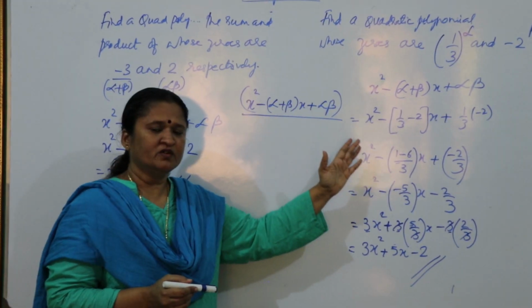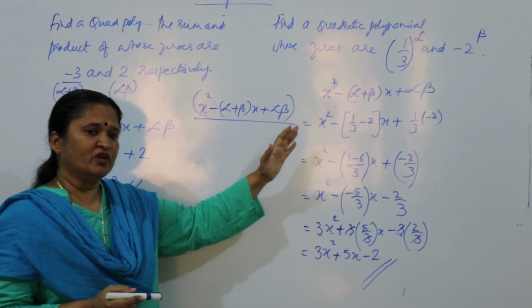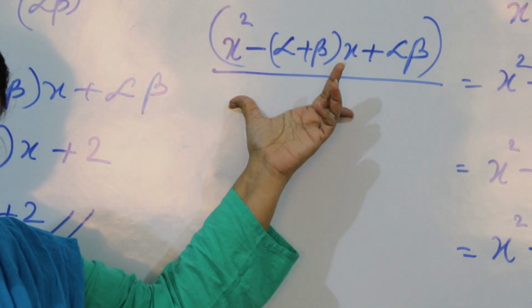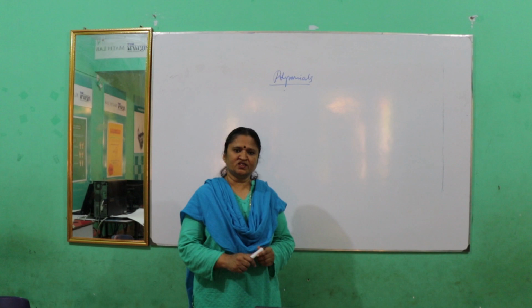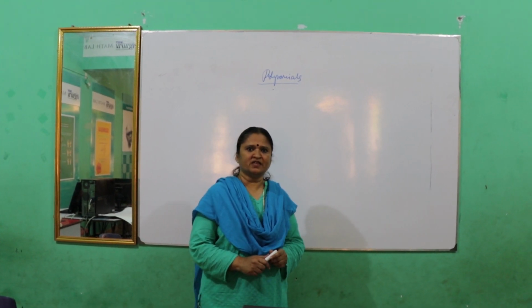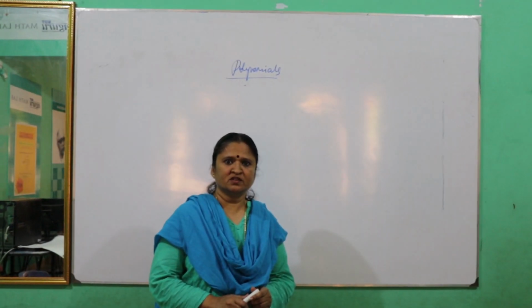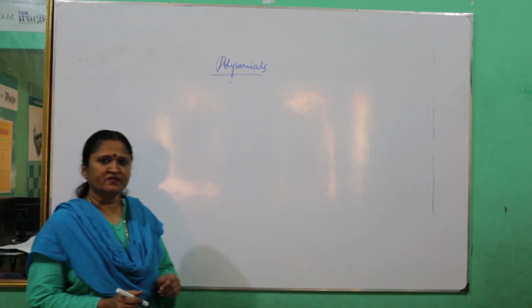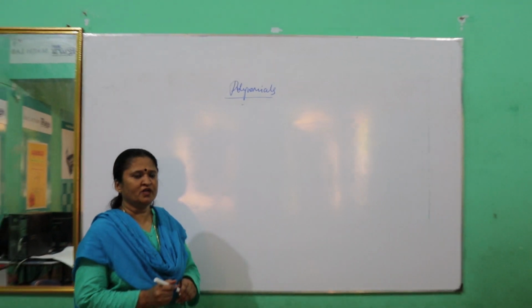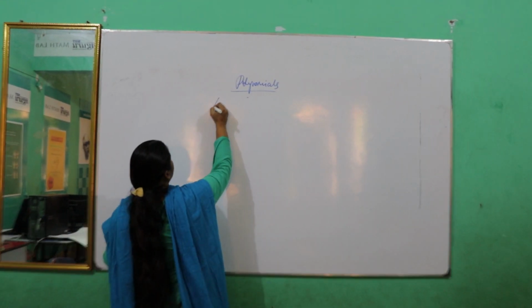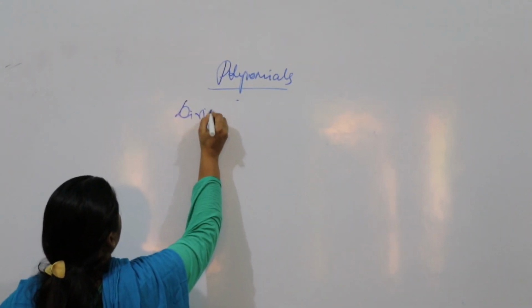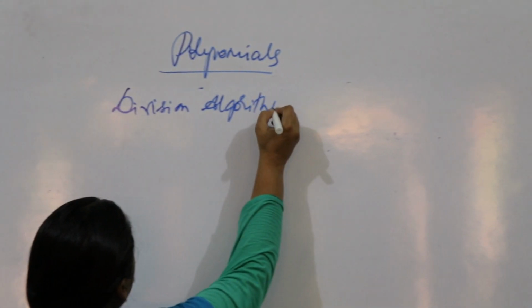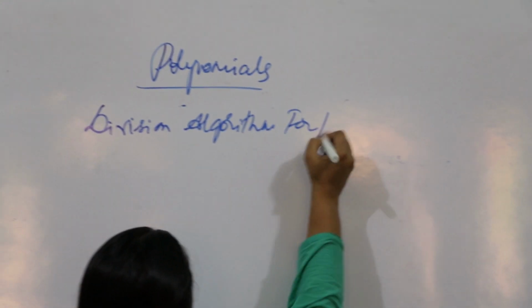Here they may give all the 3 zeros and you have to use a similar relationship and form a cubic polynomial. In this session, let's try to understand more about the zeros, especially of cubic polynomials, and the division algorithm for polynomials. Let's understand the zeros and then the division algorithm for polynomials.